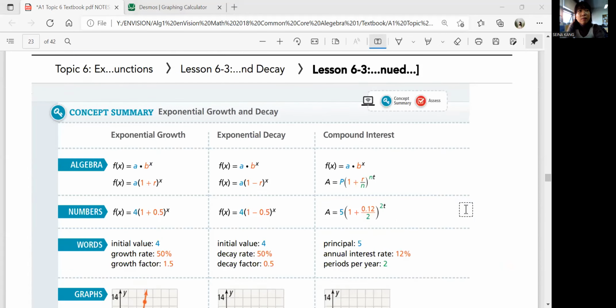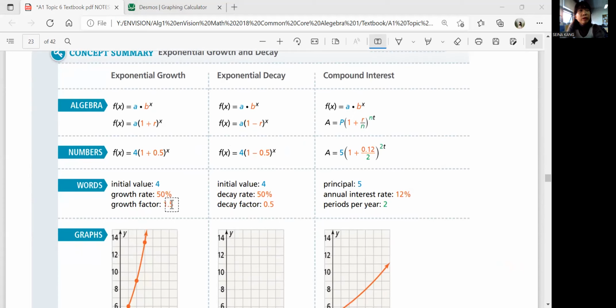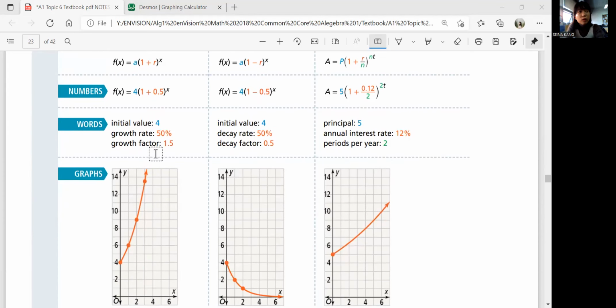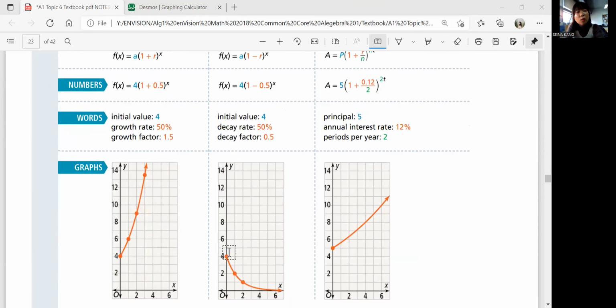All right, so let's summarize this lesson, exponential growth and decay. We learned that exponential growth grows exponentially: the y values increase as x values increase. In the exponential decay function, the y values decrease exponentially as the x values increase.